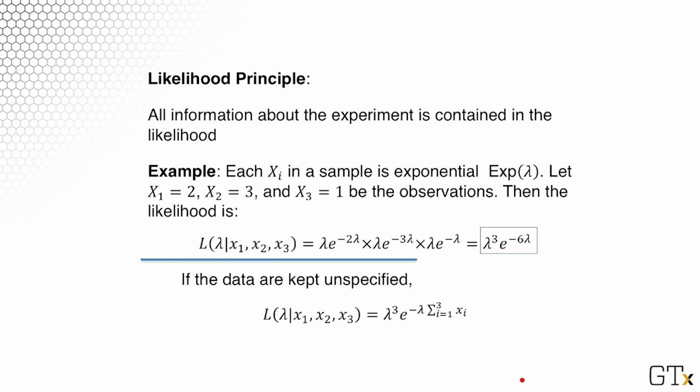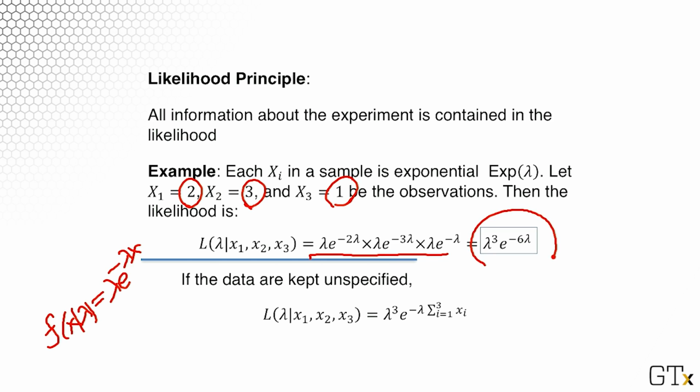If we think about the density f of x given lambda to be lambda e to the minus lambda x, what I really do is plug in these x's, 2, 3, and 1, and get the product with fixed x's. So the result here is the likelihood as a function of the parameter, in this case lambda. Sometimes you want to keep data unspecified, and in this case you may have the x's given not explicitly, but you can think of those x's as observed.